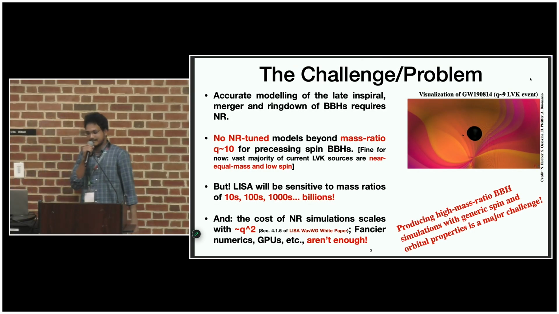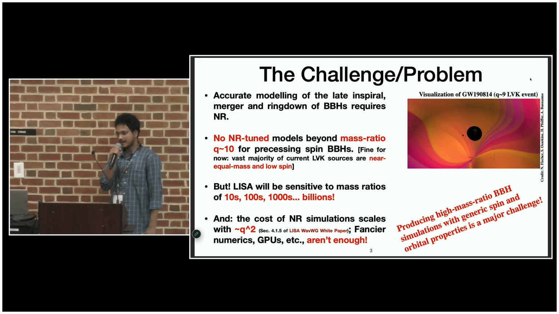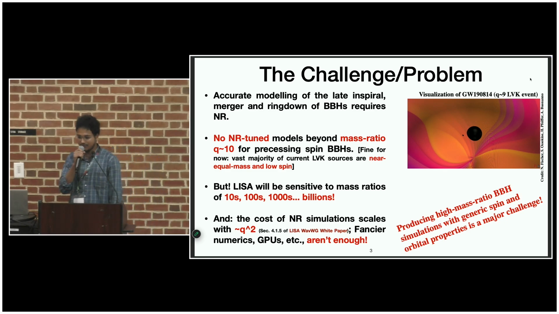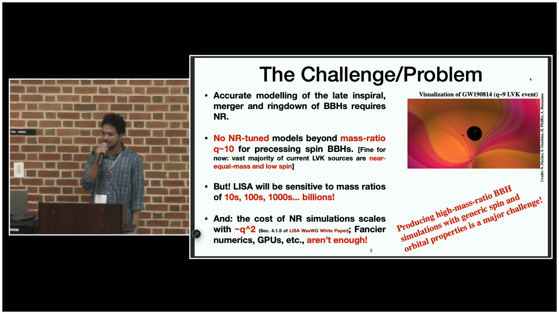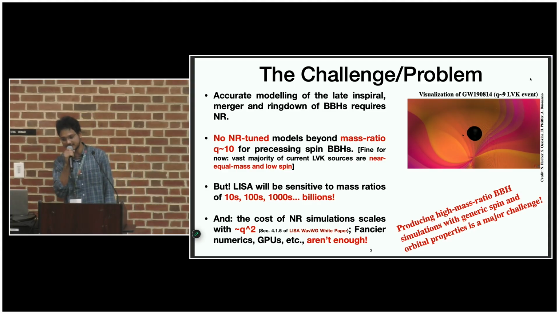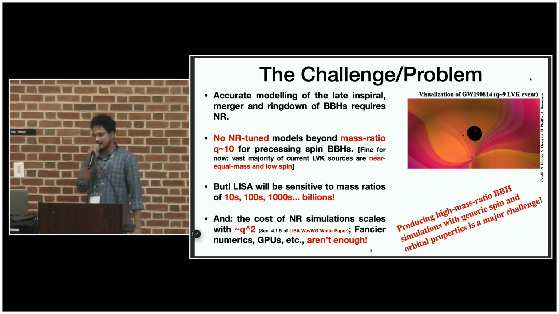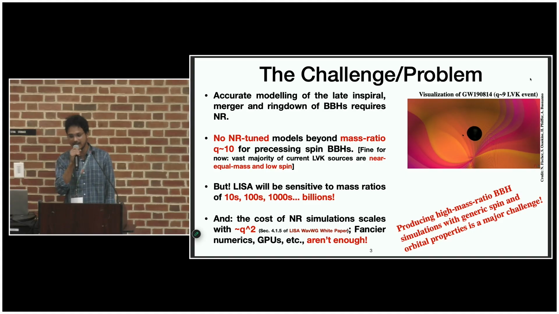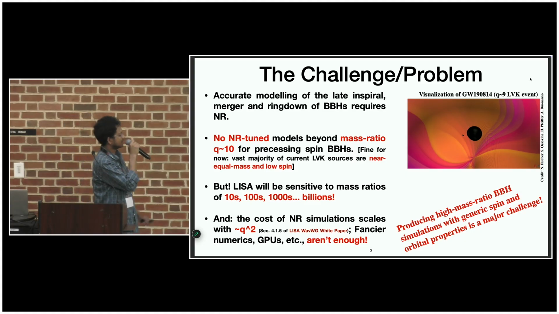So what is the challenge? We know that we need numerical relativity simulations of binary black holes at the late inspiral, merger and ringdown of the binary black hole mergers. But to date, we don't have precessing models beyond mass ratio 10 for precessing binary black holes.